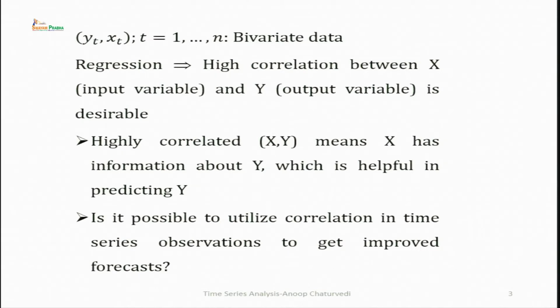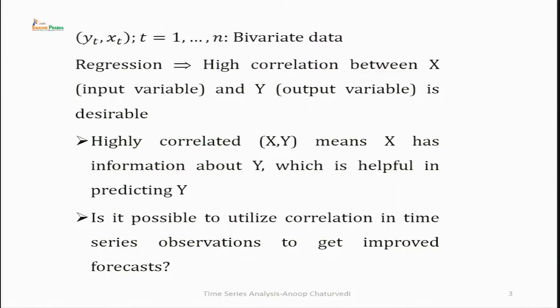and the rationale behind it is that highly correlated x and y means x has a sufficient amount of information about y, and if x has sufficient information about y, then you can use that information for predicting the value of y.